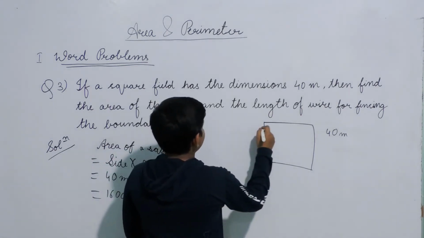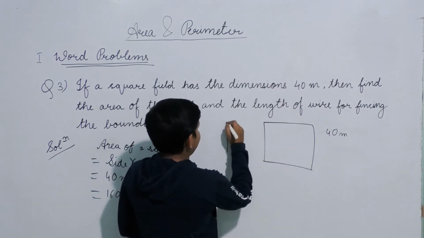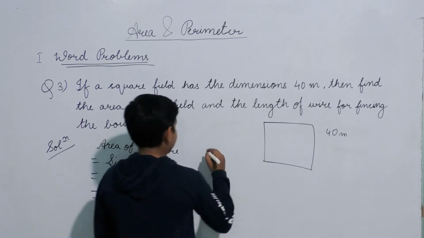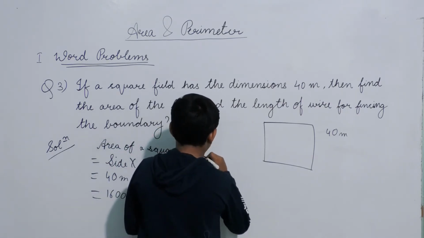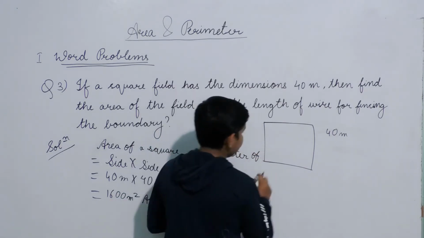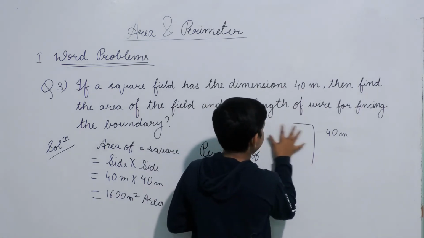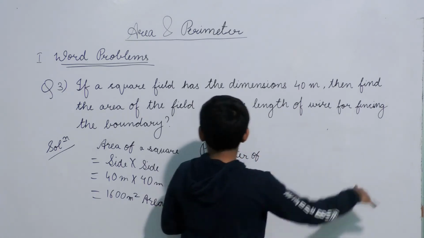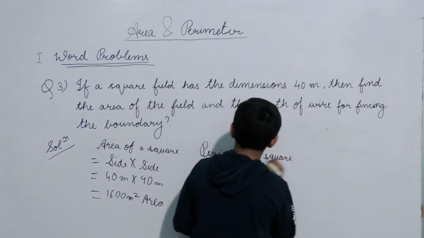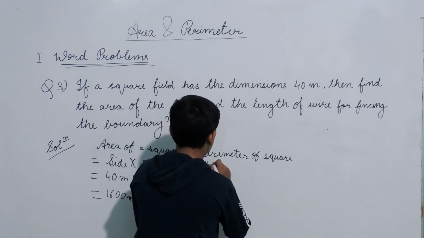Now we need to find the length of the wire for fencing the boundary. The boundary is the perimeter of this square field, so we will find the perimeter of the square. I'm going to erase this square field. Perimeter of square: to find the perimeter of a square, there is a formula of 4 into side.